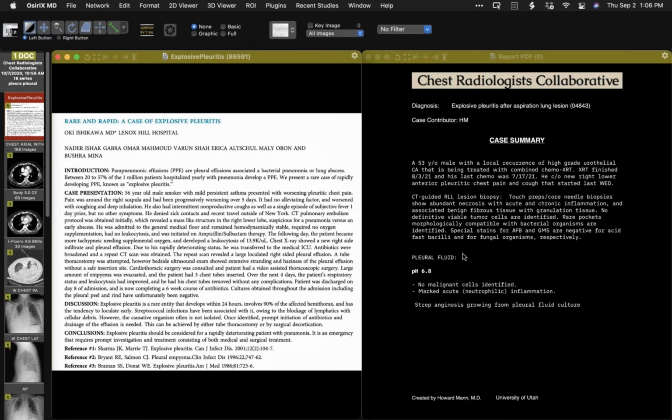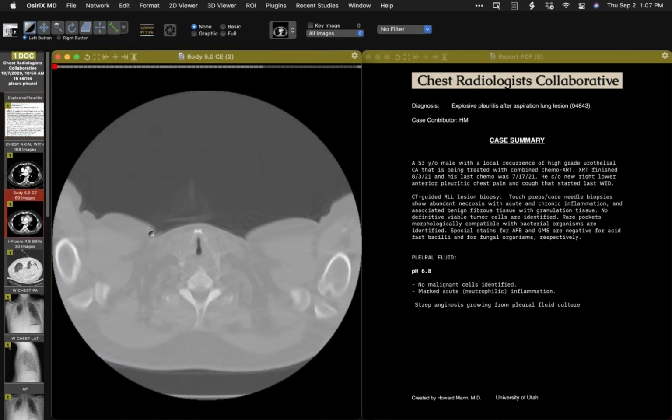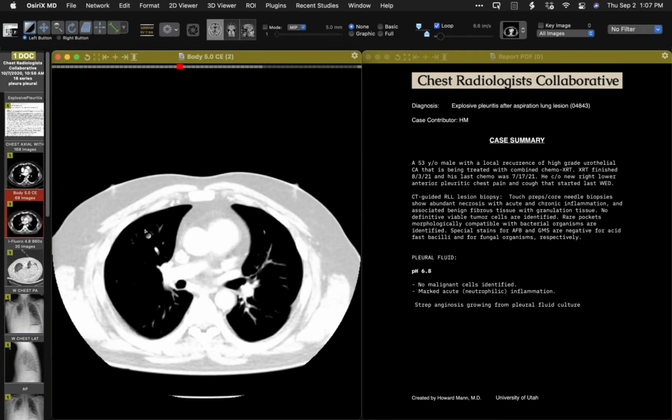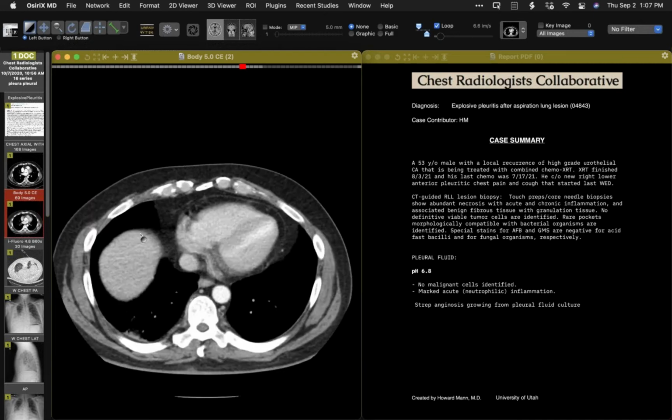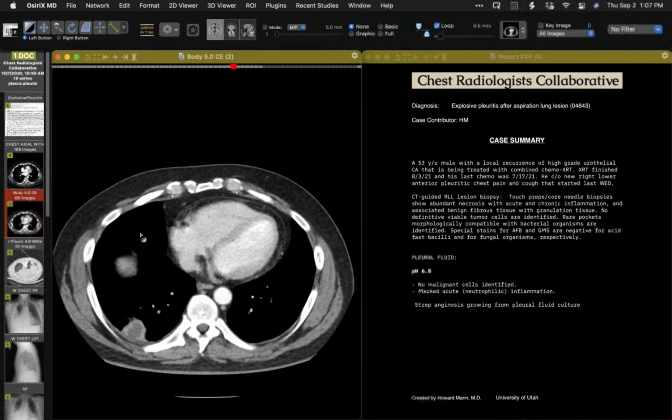They did culture strep anginosus from the pleural fluid, with no malignant cells, and one initial consideration had been that this was a metastasis. But it is interesting that the patient did have an area of low attenuation within. Putting everything together, this is consistent with presumably a seeding of the pleural space with bugs during the aspiration procedure, and an interesting case of so-called explosive pleuritis.